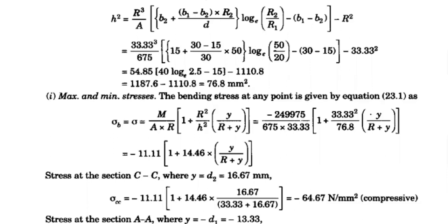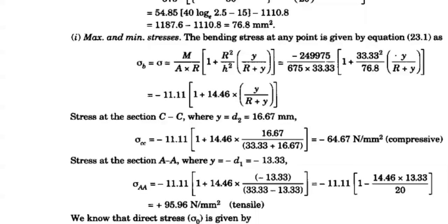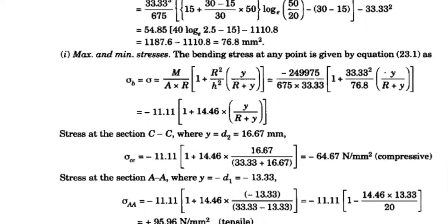Now directly in our second step, you have to calculate, as asked in the given data, the maximum and minimum stress. Maximum and minimum stress means you can first calculate the bending stress, because you have two types of stresses: one is the bending stress and the second is the direct stress. Please observe the given relation first.